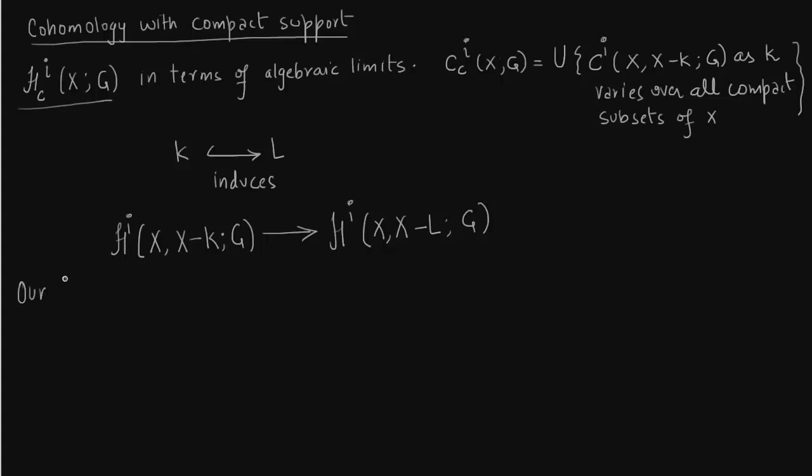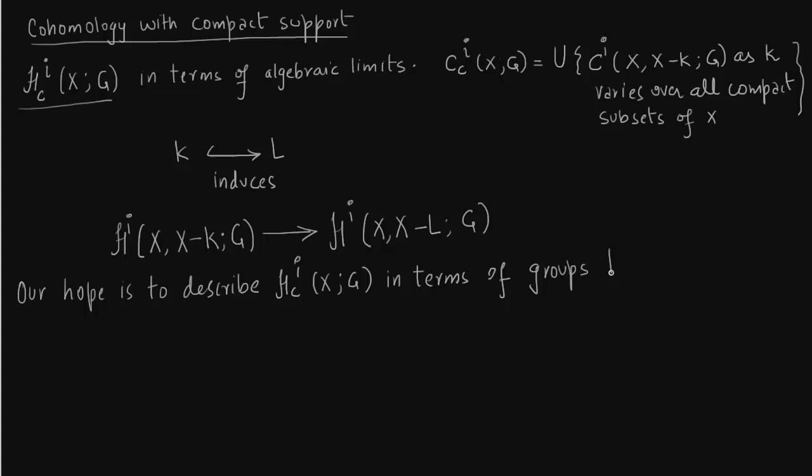So we want to describe these cohomology groups with compact support, and obviously we will have to describe them precisely in the way we described the cochain complexes with compact support. So we said the cochain complexes we have described above. So we want to describe these cohomology groups with compact support as something like this.